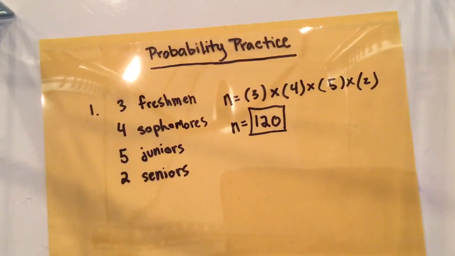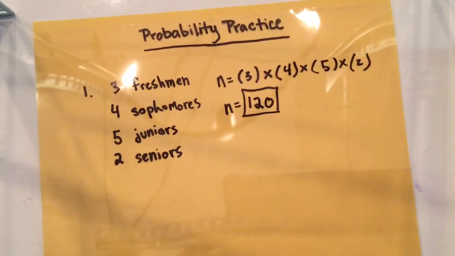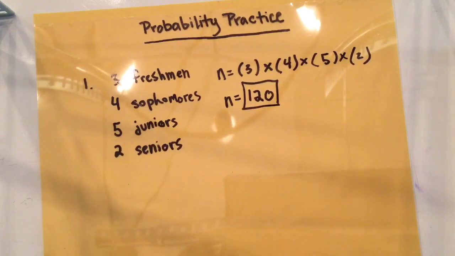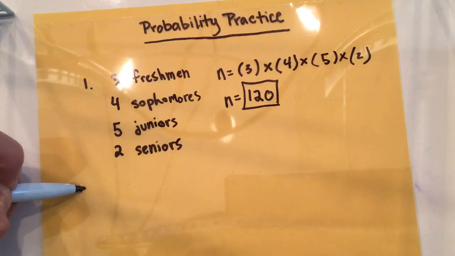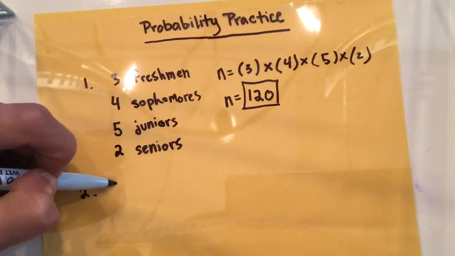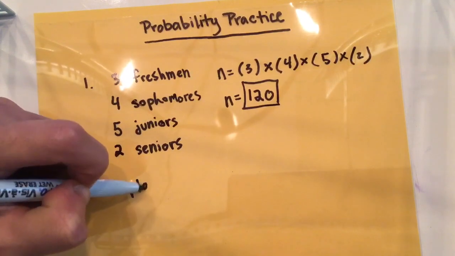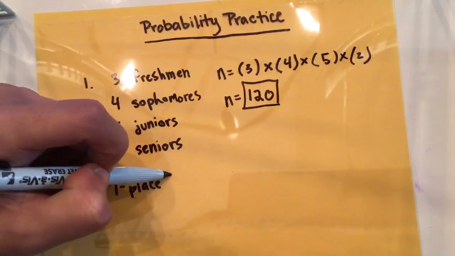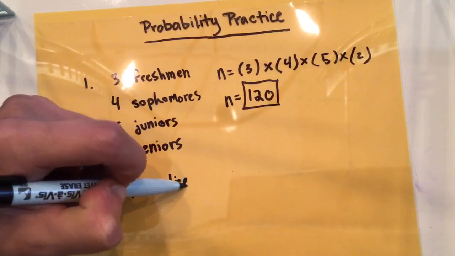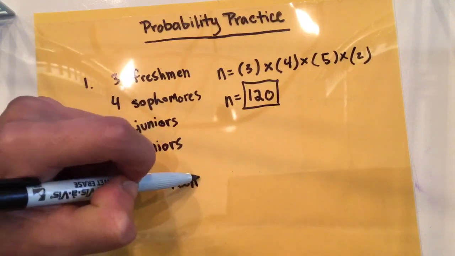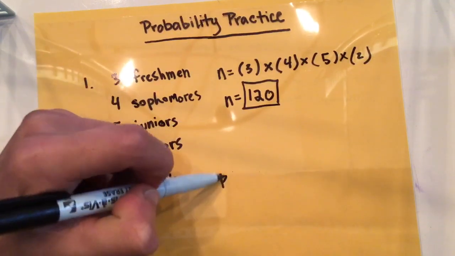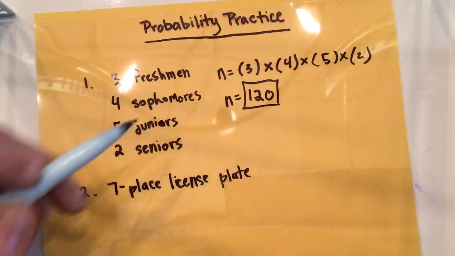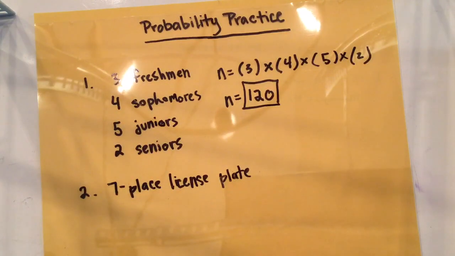Number 2 says how many different 7-place license plates are possible if the first 3 places are letters and the final 4 are numbers. And it tells us that letters and numbers can be repeated. So here in number 2, we're doing a 7-place license plate. So we're going to have 7 things that we're multiplying together.